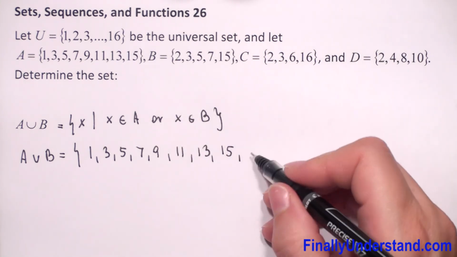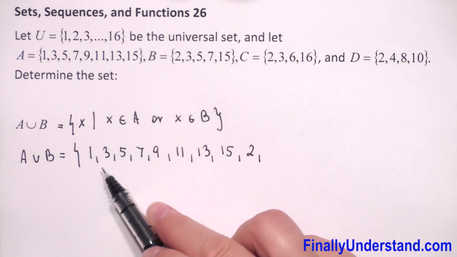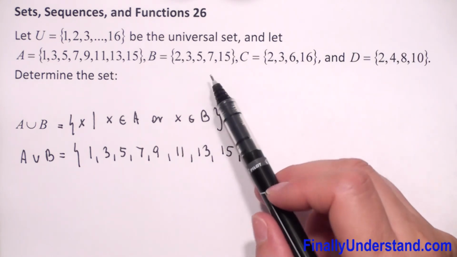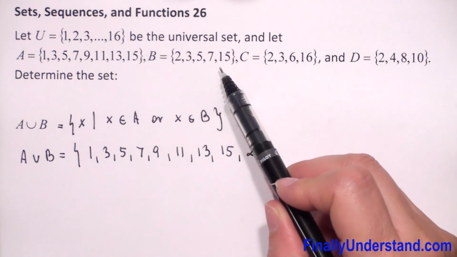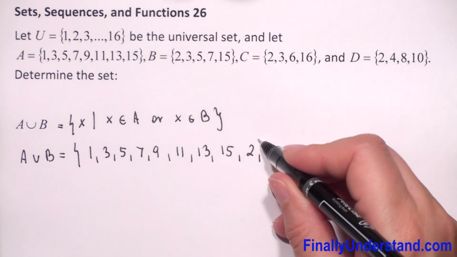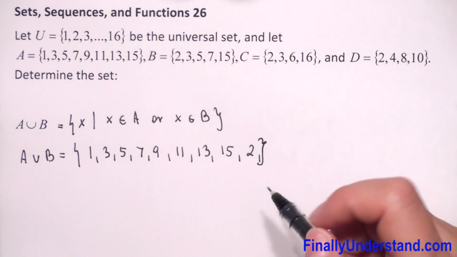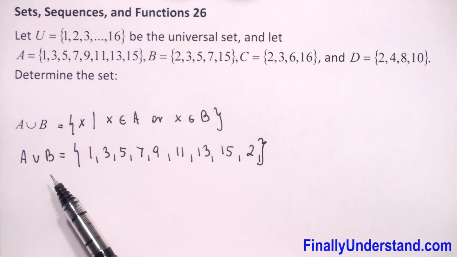So we don't have 2. Next, 3 we have, so we don't have to copy. 5 we have, 7 we have, and 15 we have. So this is our union of two sets A and B. This is my solution.